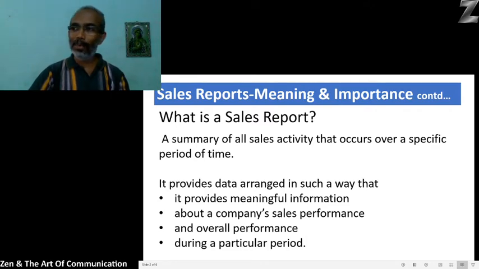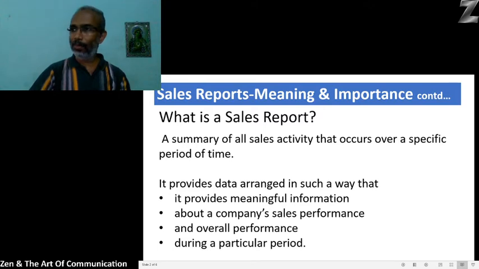And what is this meaningful information all about? Is it about HR? No. Is it about manufacturing? No. The name is sales report, so the meaningful information would be about a company's sales performance. And point 3 says it need not be only about sales performance, it can be about a sales organization's or a business organization's overall performance as well.